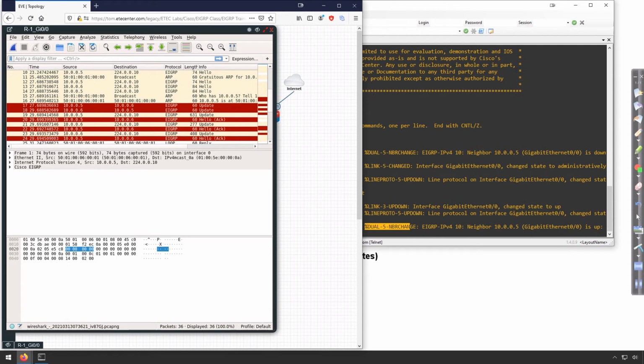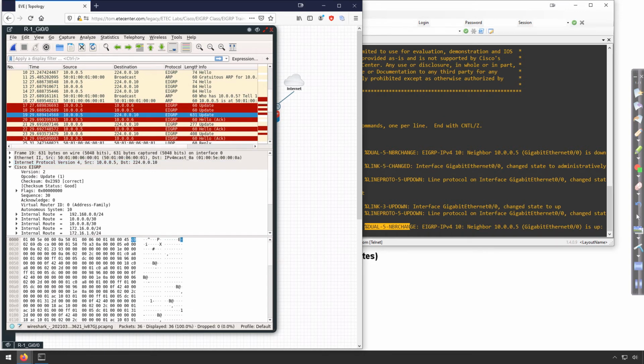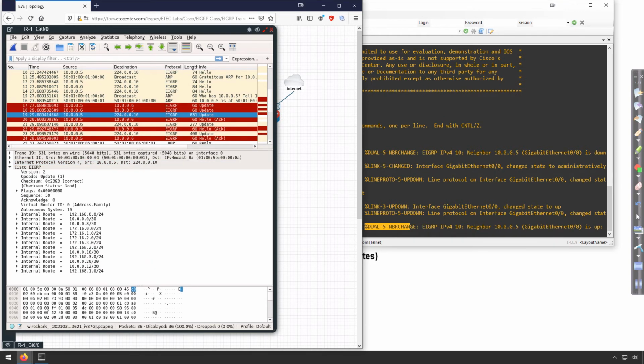And you can see here is router 10.0.0.6, which is R1, sending hello, and immediately we have a routing update. Here, highlighted in blue, is the routing update from router 0, and here is all the routing information router 0 is sending to router 1.